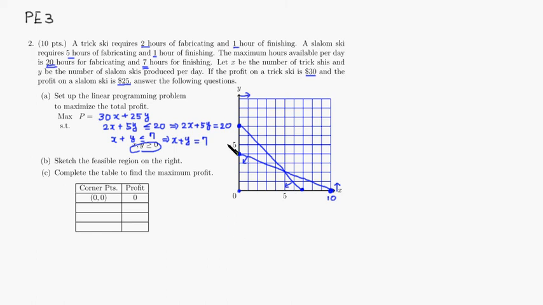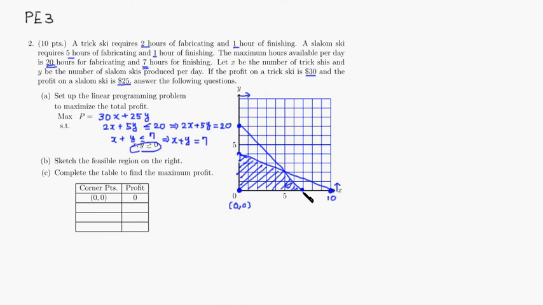Then combine all four constraints. You can see that the region that satisfies them all is this shaded region right here. That is the feasible region. Now let's make sure we know all the corner points. Obviously, 0, 0 is one of the corner points.